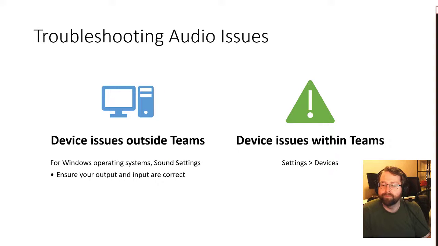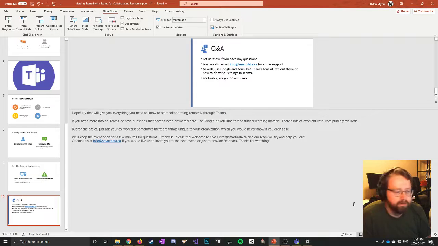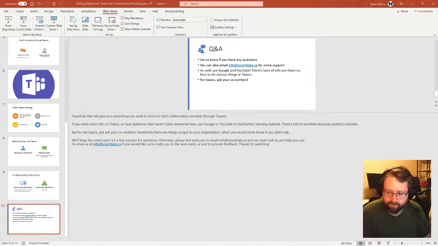And then secondly to that, you're going to want to make sure Teams is also using those same audio channels. So I just need to get my taskbar back. There we go, I got it back.